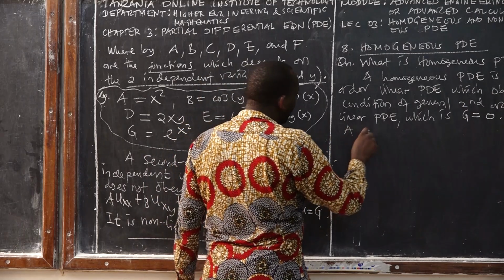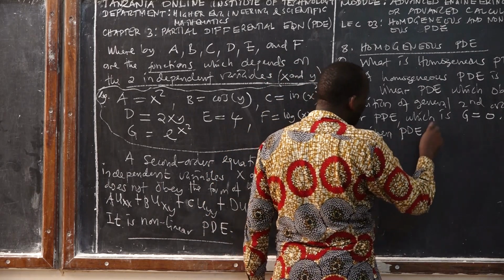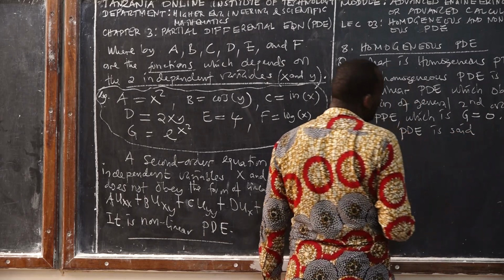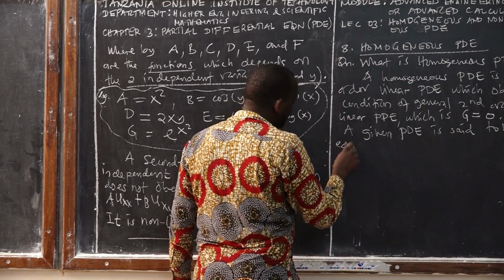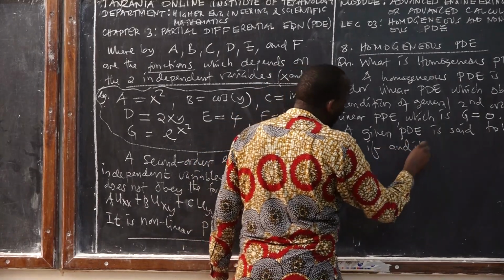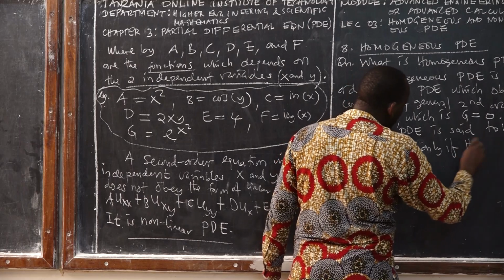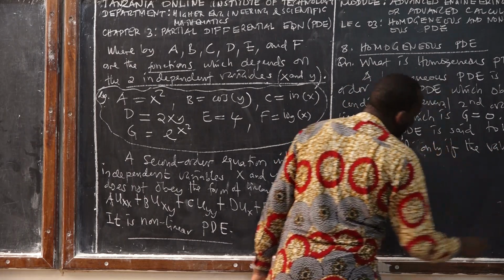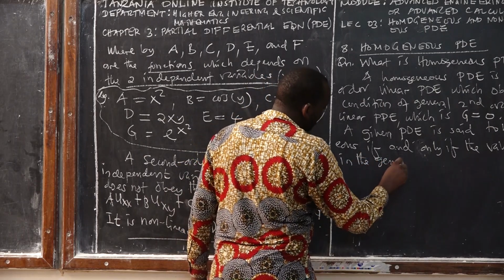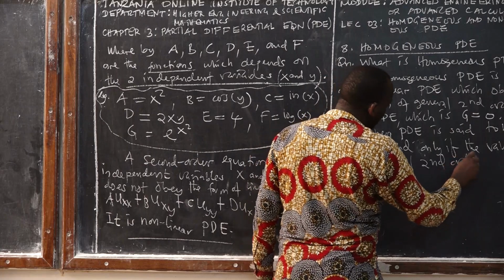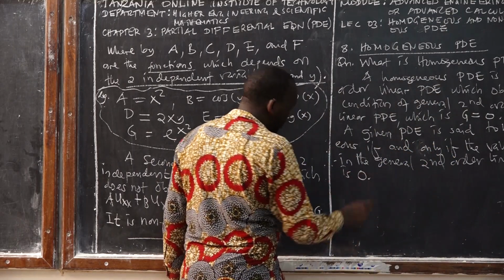So you say that a given partial differential equation is said to be homogeneous if and only if the value of G in the general second order linear partial differential equation is 0.